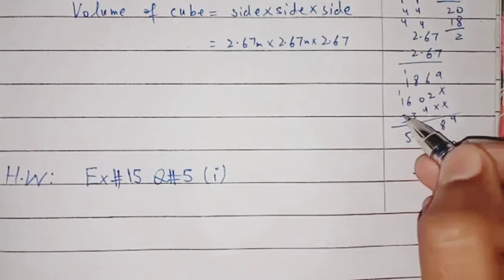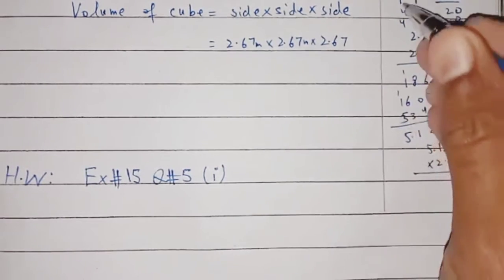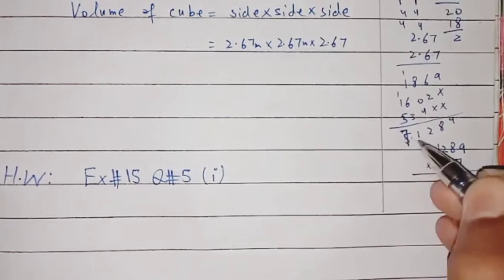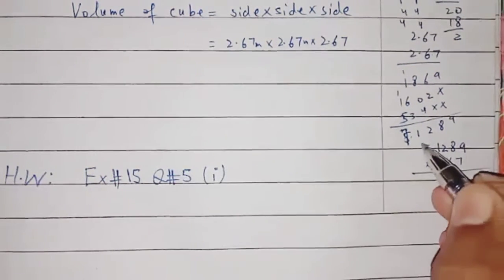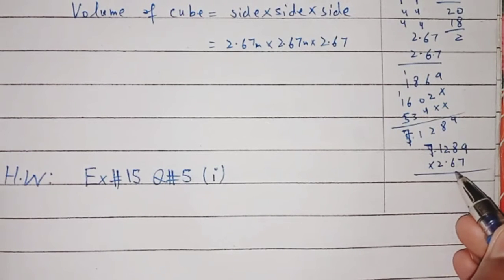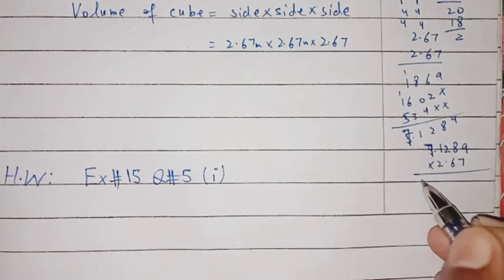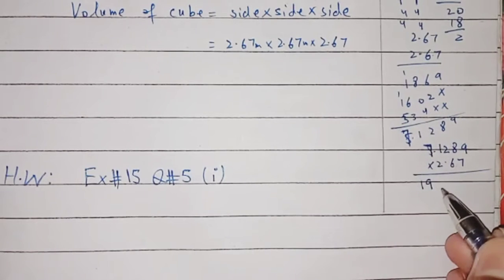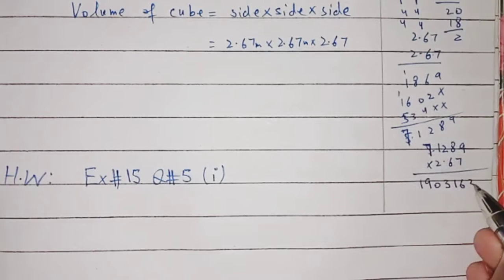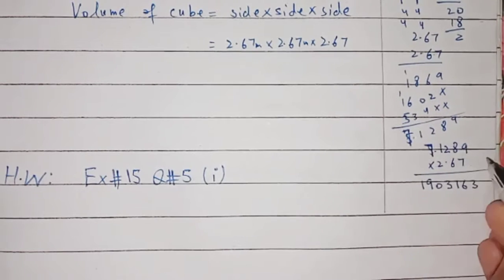This was 5, 2 and 4 is 5. Totally that is equal to 7.1289, and when 7.1289 will be multiplied with 2.67, that will be 1903163 after multiplying all.